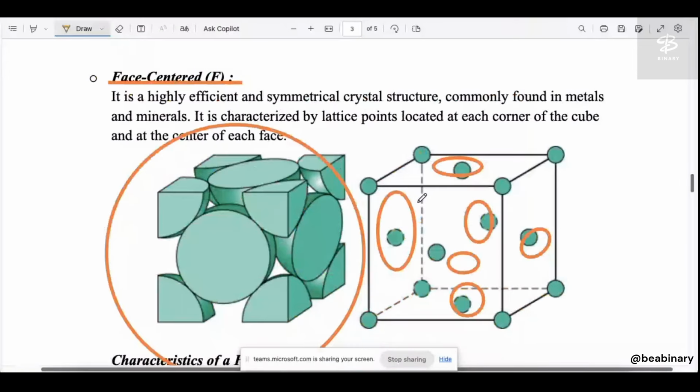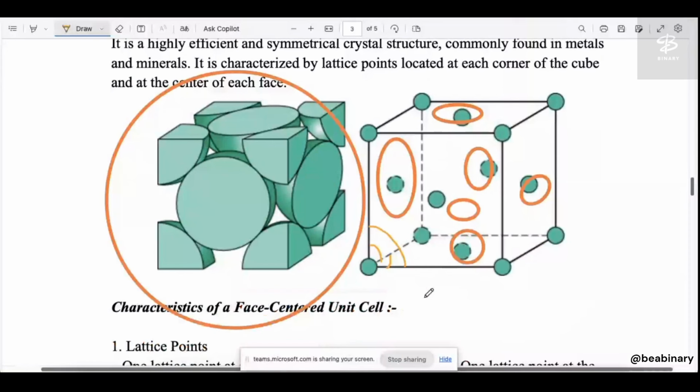If we look here, this is your A, this is your B, this is your C, and all are equal. A is equal to B, B is equal to C because it's a cubic. To be a cubic, it must have the same edges, the same length of sides.